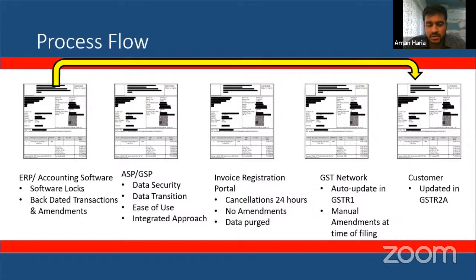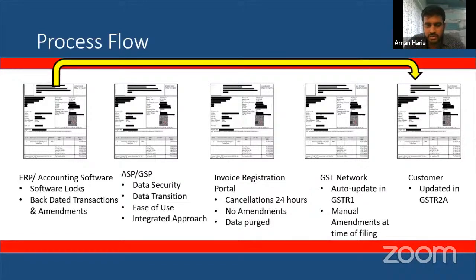Because the authentication ensures that once IRN is generated, there is no possible way to amend it, and hence invoice amendment would not be possible. The IRP portal also suggests that they do not save any data with them. The data is purged very frequently, and hence even after say 24 or 48 hours, your data might not be available with them.